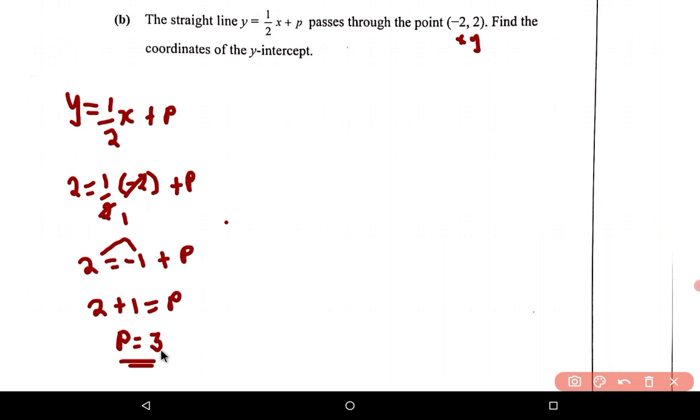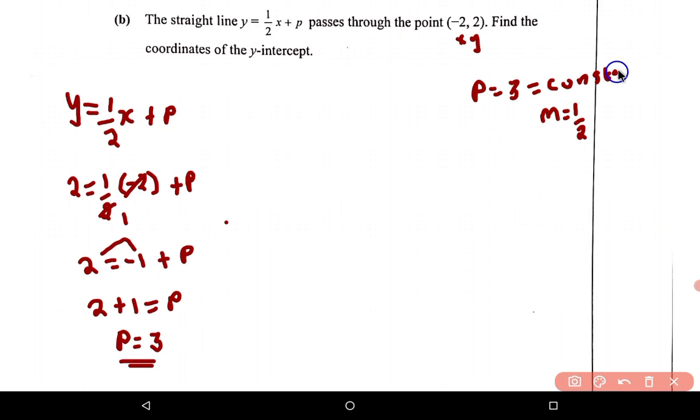Now that we have this, it says find the coordinates of the y-intercept. Now that we have p is equal to 3, this half here is your gradient, and this p is our constant.